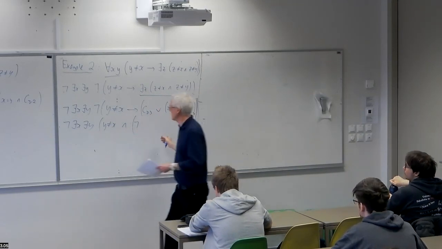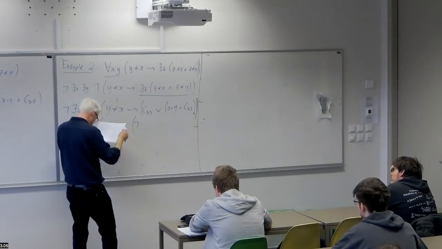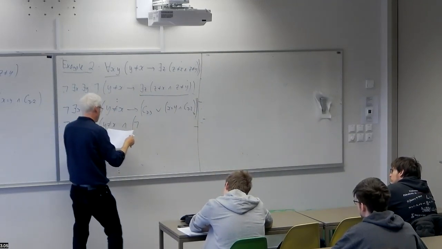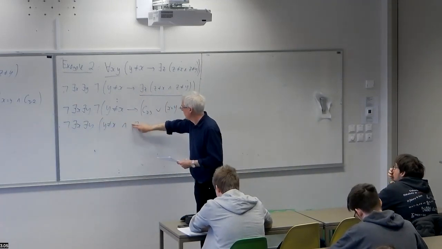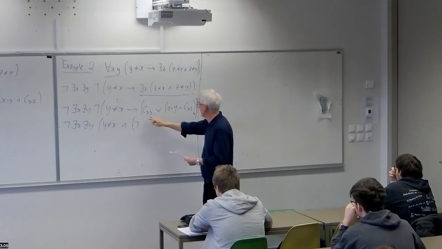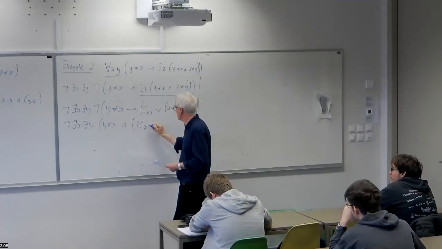The negation of this is this. I hope I got it right here. Yeah, okay, it's fine. Let's put it in brackets. So the negation of this is the conjunction of the negations of the two things.